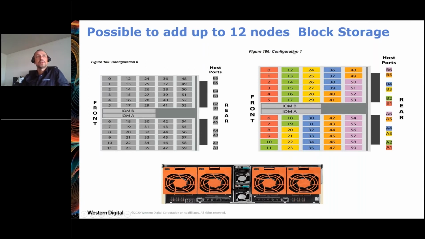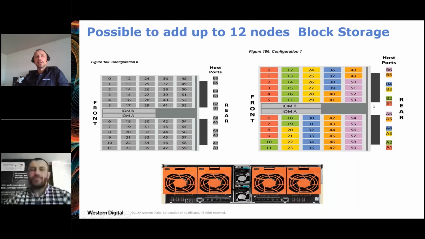But we have also pre-configurations, a variety of pre-configurations, depending on your requirement. As you see on the right side, color coded, you can just move the access of the first 10 drives to A1 and B1 ports, or you can make it like a 30-30. So the first half goes into one compute and the second half goes into the second compute.